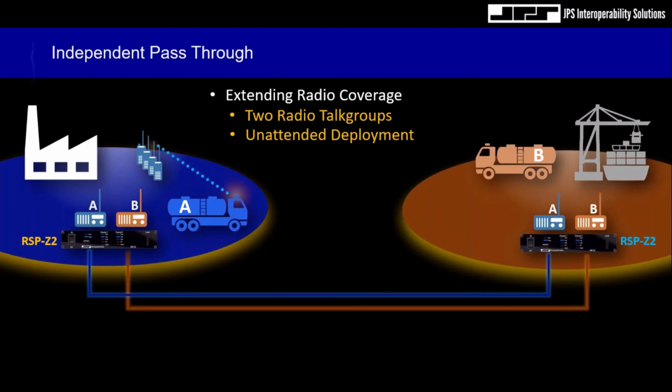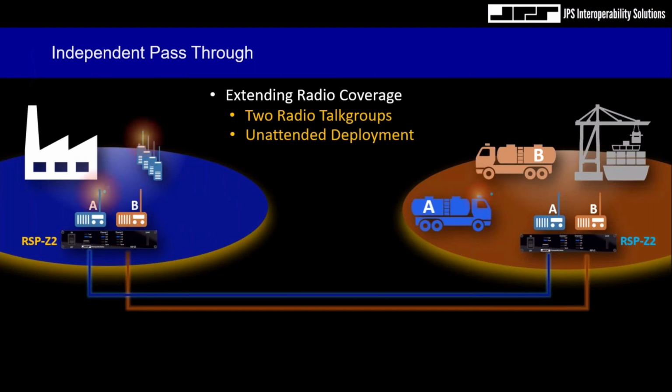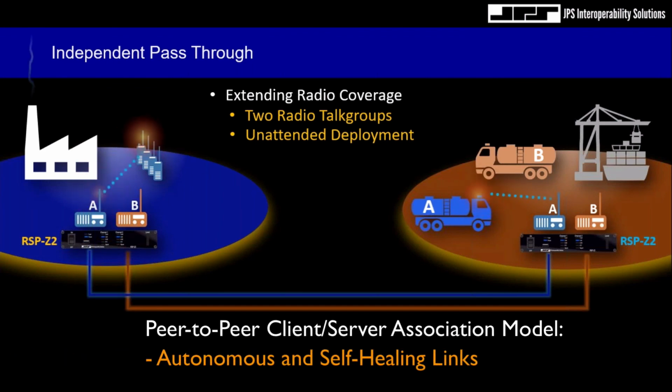In this example, a worker A is able to communicate as usual at his or her home facility, but when making a delivery or working from a remote site, the RSP-Z2 in independent pass-through mode will allow worker A to communicate with his or her home facility from the remote facility by virtue of the two RSP-Z2 gateways in a peer-to-peer association over the network.